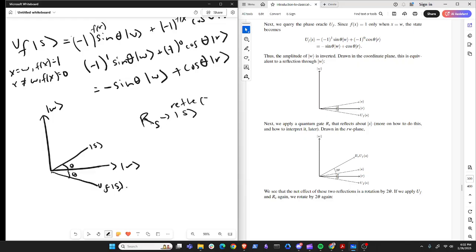So it takes the output of the oracle and brings it around. I think I probably drew too much here to fit this in and have it look correct, but let's just do that. This is equal to the output of the rotational gate on the oracle on S, and this is equivalent to 2 theta.